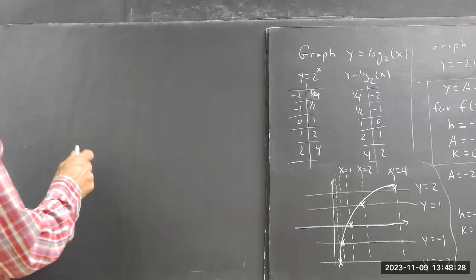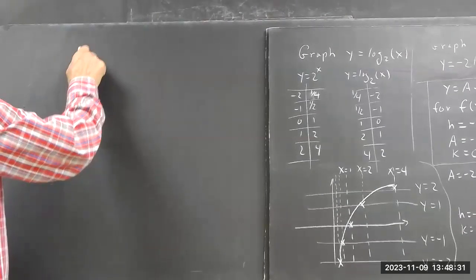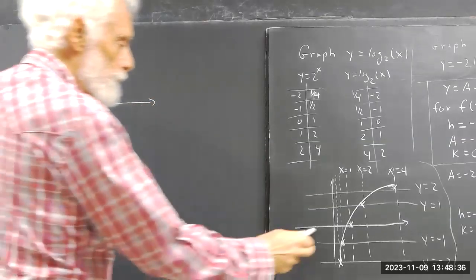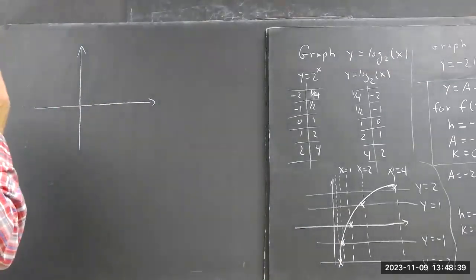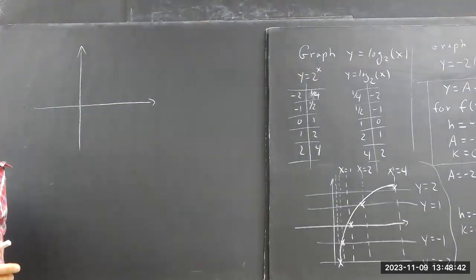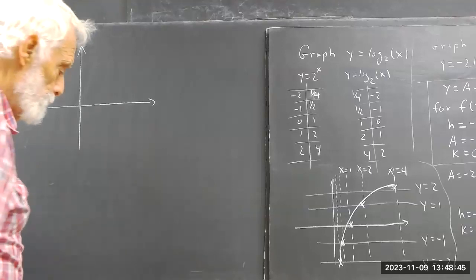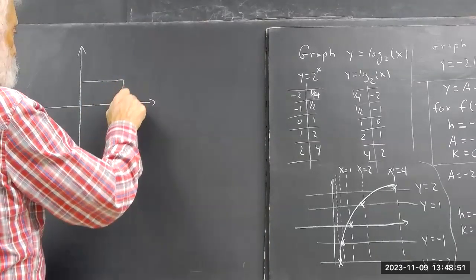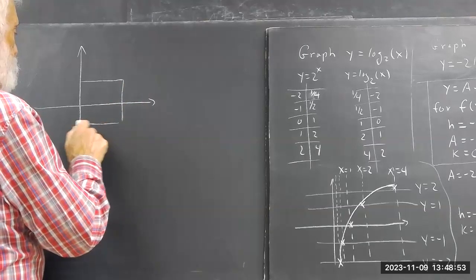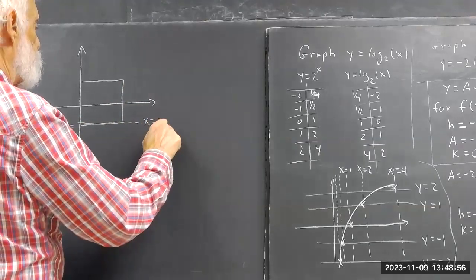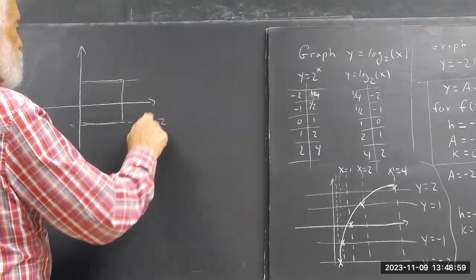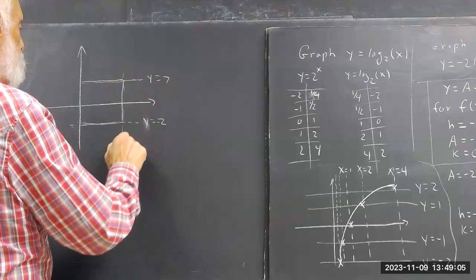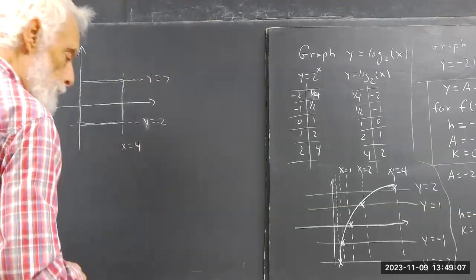So what we do is let's start with our toolkit log function, okay, which is the base 2 log. Now I'm going to put this in a 4x4 box, bounded by x equals -2, or y equals -2, y equals 2, and x equals 4.